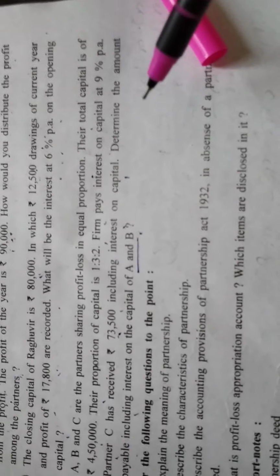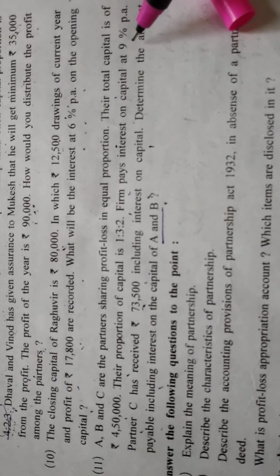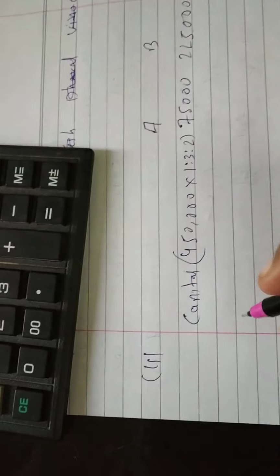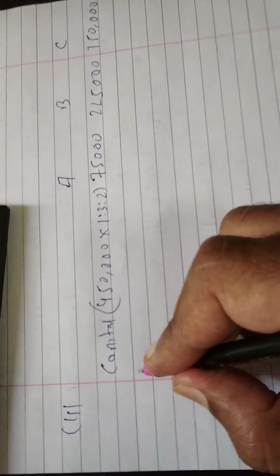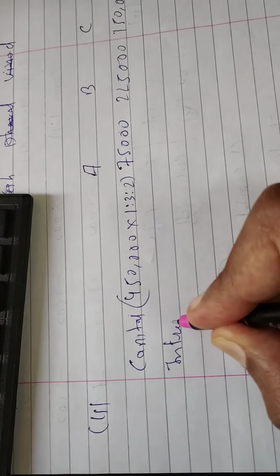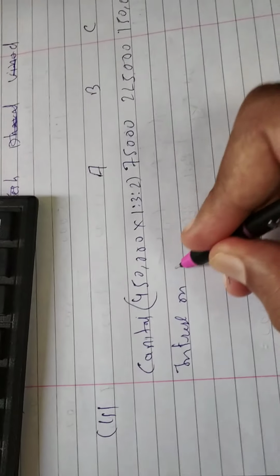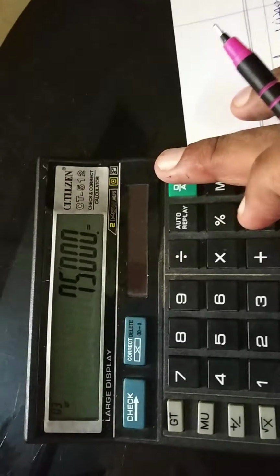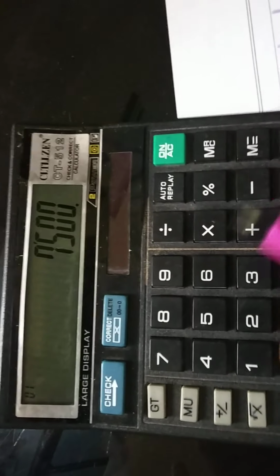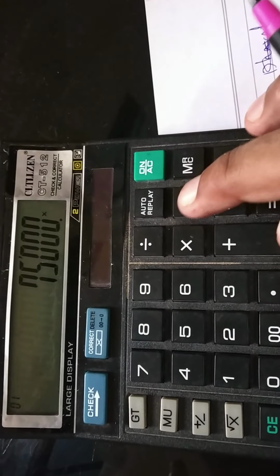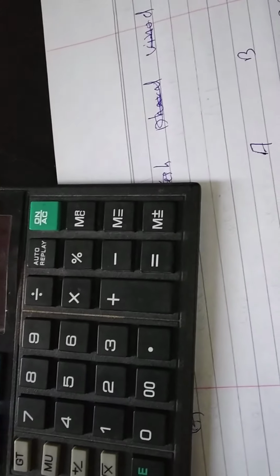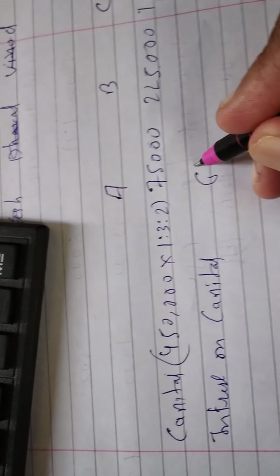Now interest on capital is given here, that is 9%. So write here interest on capital. Interest on 75,000 at 9% is 6,750.